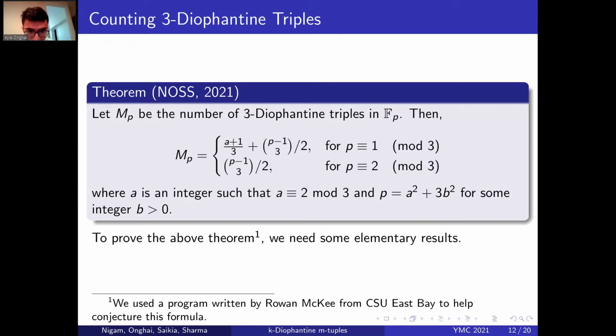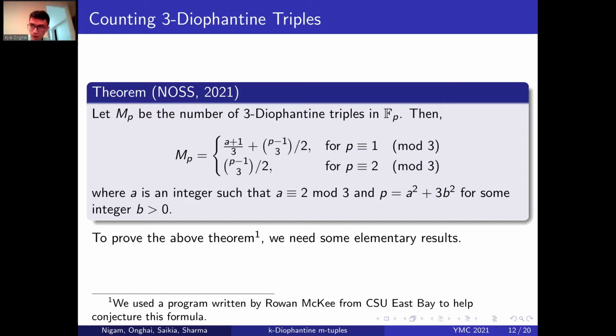As you can see, it depends on the congruence class of p modulo 3, and it depends on this uniquely determined a, where a is congruent to 2 mod 3, and a is uniquely determined by this equation p equals a squared plus 3b squared. To conjecture this formula, we used a program written by Rowan McKee, so we'd like to thank him for his help in our research.